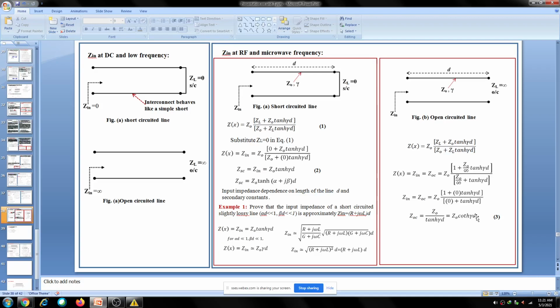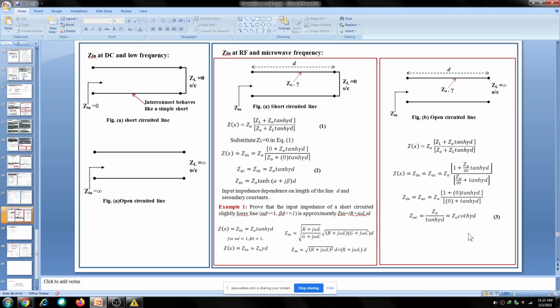If you take it to the numerator, it is Z naught cot hyperbolic gamma d. So ZOC is simplified. This is a general expression, but our ZL is equal to infinity, so the input impedance equation simplifies to ZOC equal to Z naught cot hyperbolic gamma d.